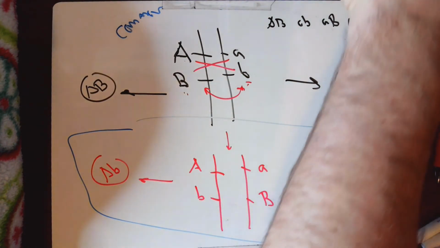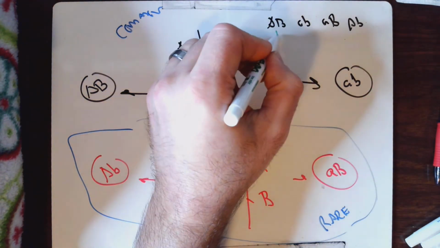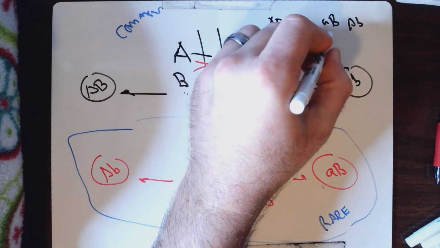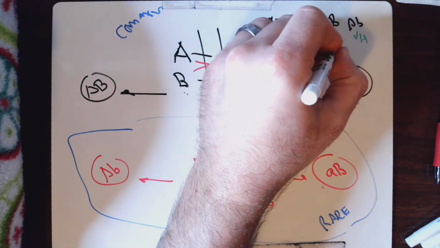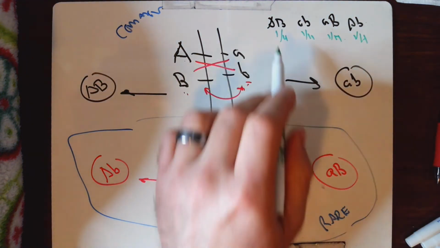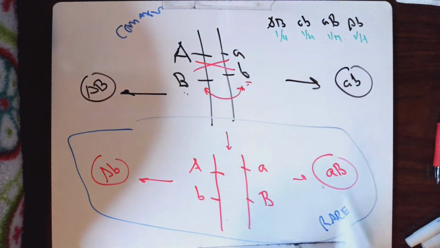So what happened in unlinked genes is that we not only got all four types of gametes, we got equal numbers of them. 25% of the gametes we made were of each kind. And while we do make all four gametes in linked genes as well, we do not, and I emphasize, we do not make them in equal numbers.